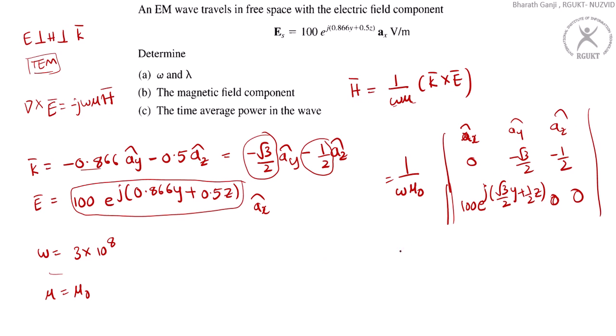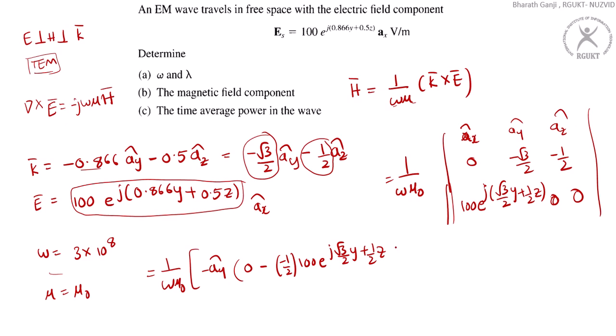Okay, so I can write this cross product as 1 by omega mu naught times minus of ay, so minus of ay cap times 0 minus minus 1 by 2 times of 100 e power j root 3 by 2 y plus 1 by 2 z.